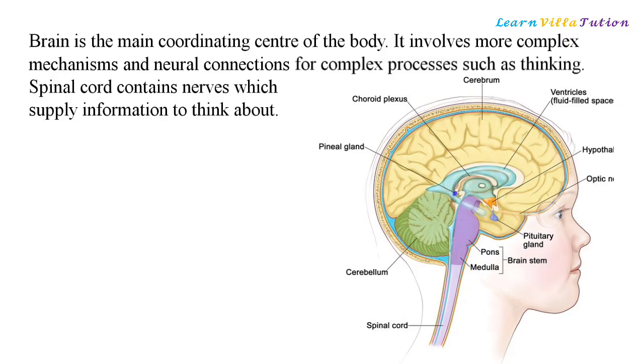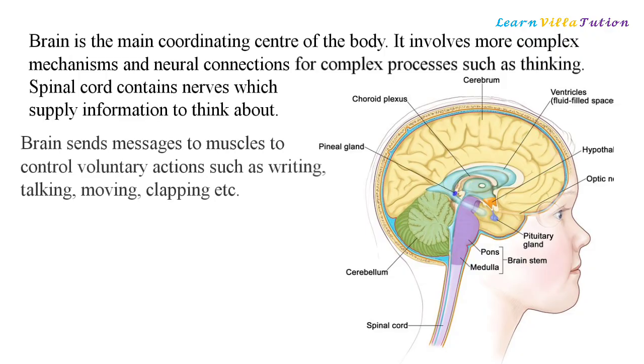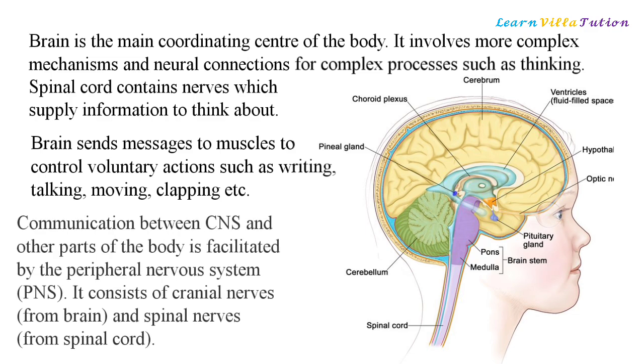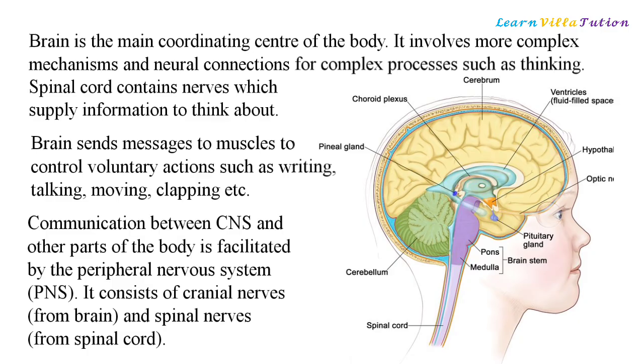It involves more complex mechanisms and neural connections for complex processes such as thinking. The spinal cord contains nerves which supply information to think about. The brain sends messages to muscles to control voluntary actions such as writing, talking, moving, clapping, etc. Communication between the CNS and other parts of the body is facilitated by the peripheral nervous system, PNS.